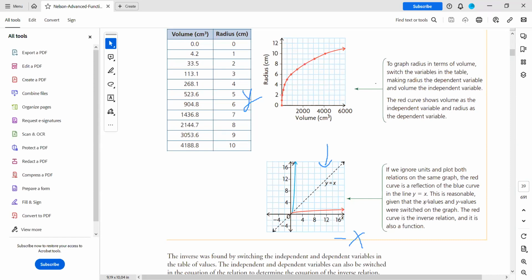We switched them between each other. If volume was here and radius was here, for the second function, we put the volume value here and the radius value here. The red curve is the inverse relation, and it is also a function.